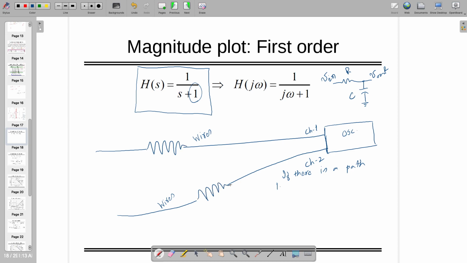This resistance might be varying. Like if Amol is using one wire, he will have some resistance, maybe 1 kilo, 10 kilo. If somebody like Rishabh is there, okay, today he is absent, so maybe he will have a different resistance.